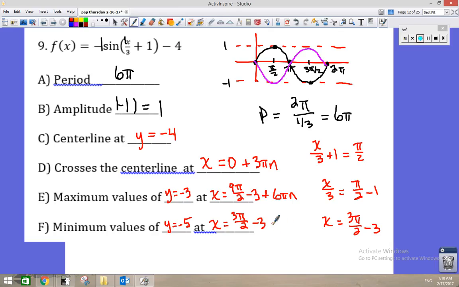Or if you're a full cycle away, and the length of that cycle is the period 6 pi, any integer multiple of 6 pi. So there's our answers for number 9.